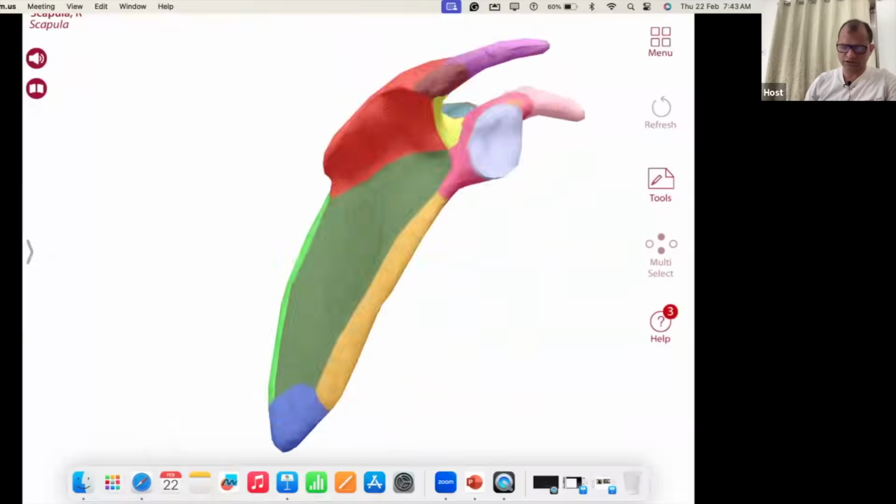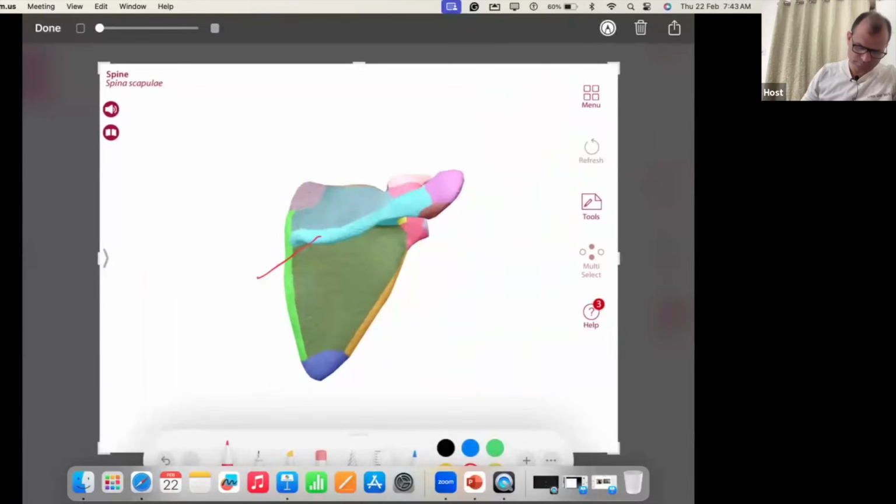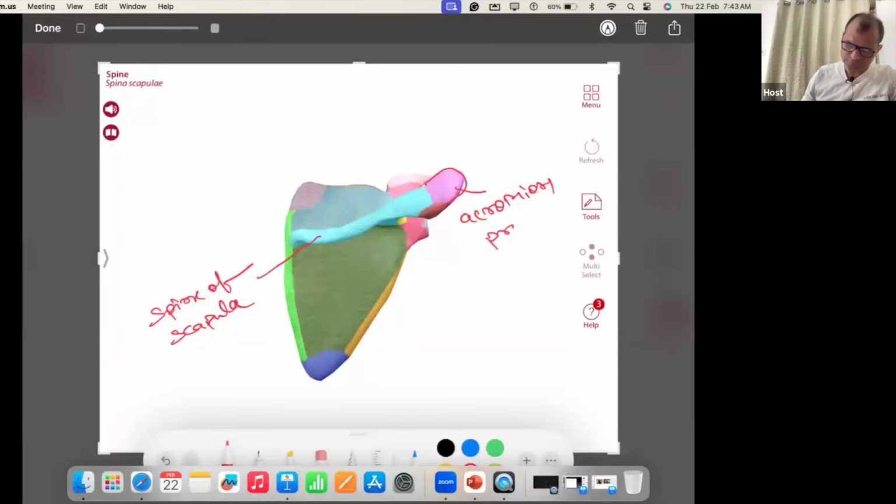So we can see in this image, we are looking from the back side. This is the spine of the scapula, which I'm talking about. And this is the process which is called the acromion process. This is the spine of the scapula.